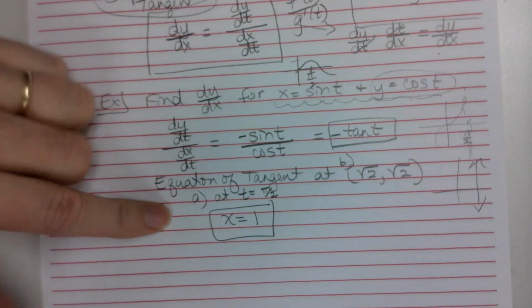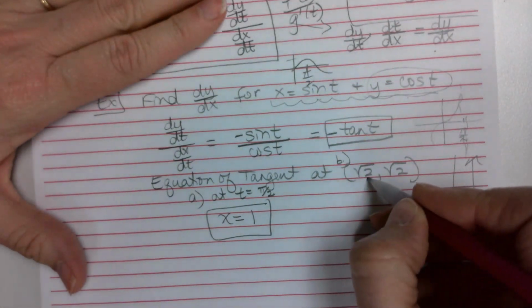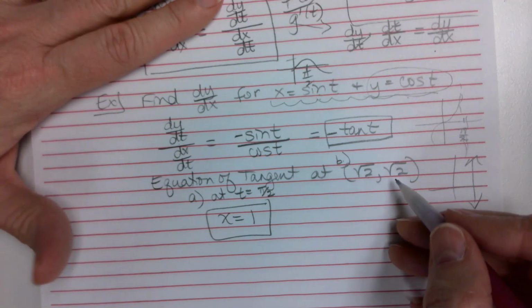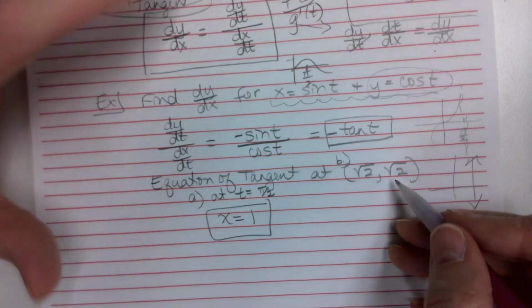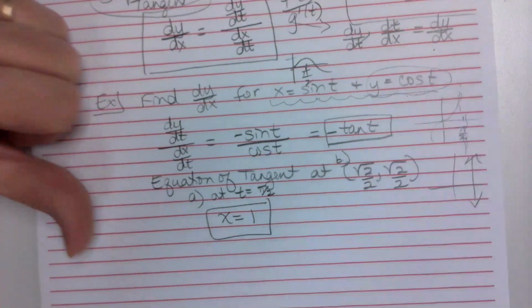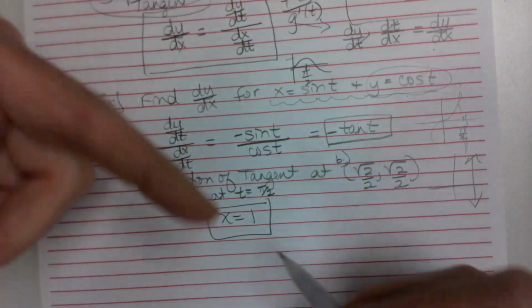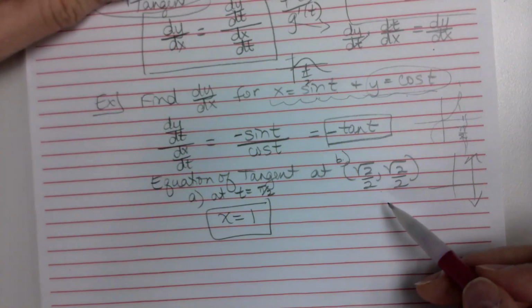So that's not beautiful, especially if it was undefined. But here I'm giving you a point which may seem nice and easy. It may seem nice and easy because I already give you the point. However, what have I not given you?